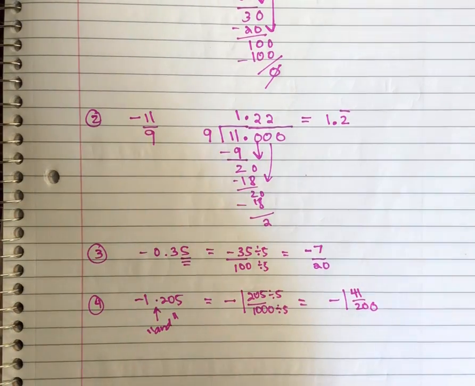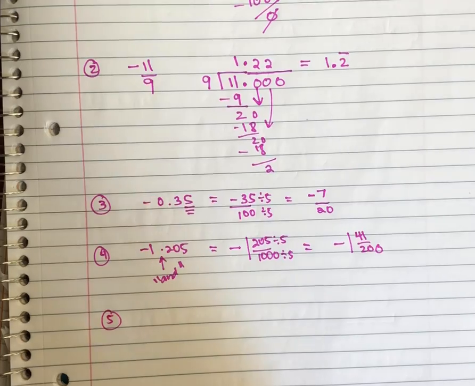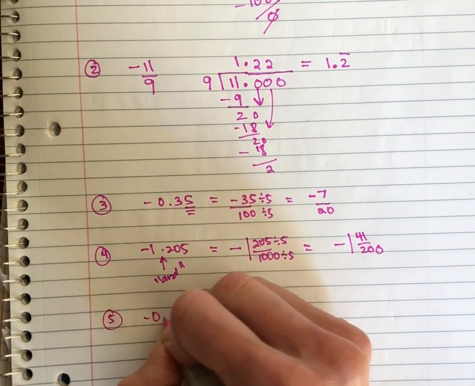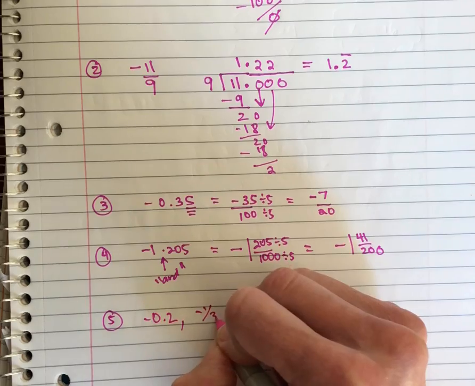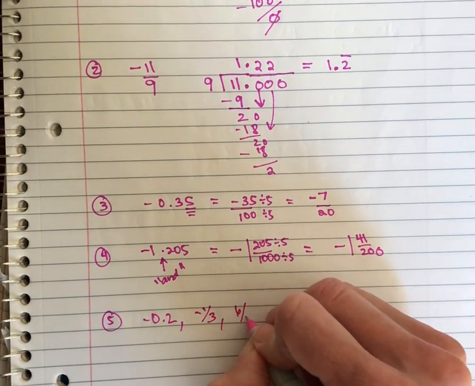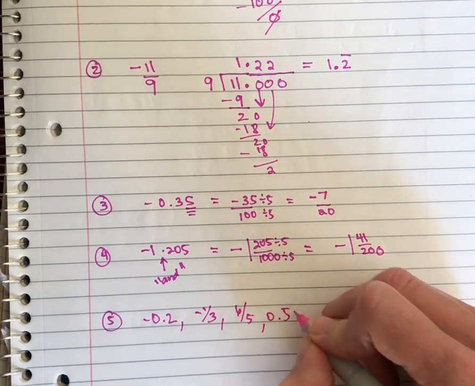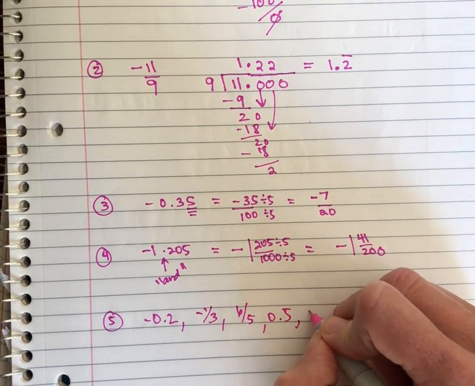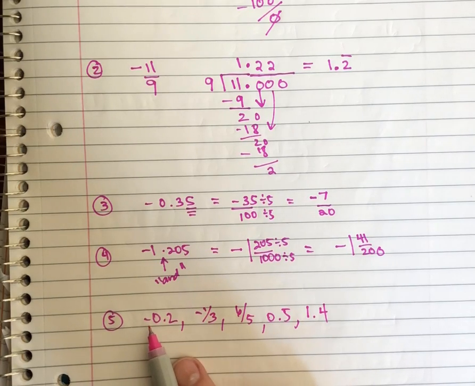Okay, number 5, it gives us a set of numbers and we have to work to order them from least to greatest. The challenge is it's a mixed list with fractions, decimals, positives, and negatives. Okay, so least to greatest, we know that our smallest number has to be a negative.